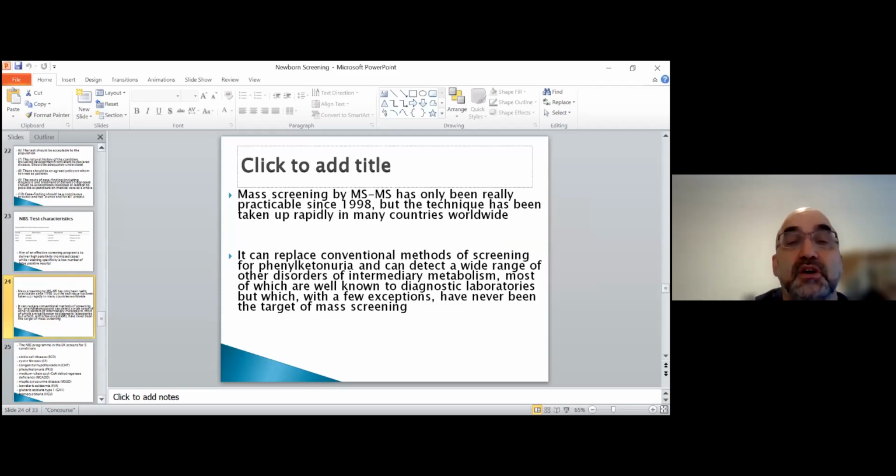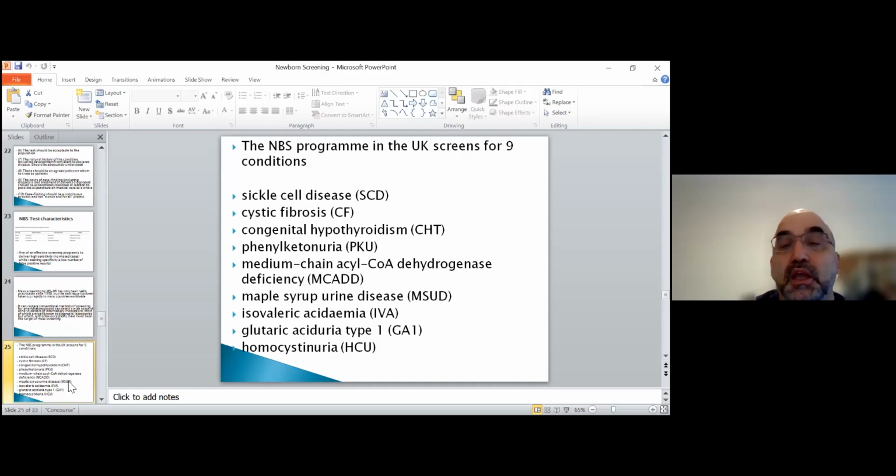So you don't need extra testing for a condition, for example tyrosinemia, if you want to do it.